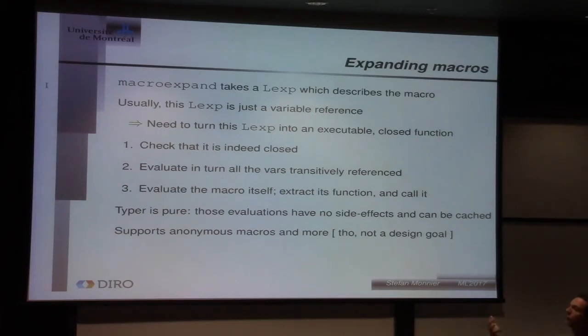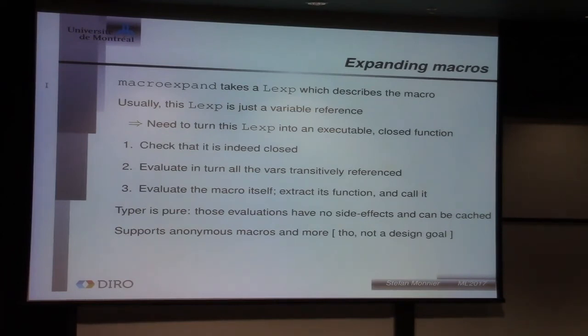And as you follow those variable references, you need to evaluate them so that in the end you come up with a closed value which does contain the actual function that you can call. And as you see, that means I have to evaluate bindings basically during macro expansion, during compilation. And I do it in a kind of arbitrary order and obviously incomplete. This probably sounds very messy to some of you, but I have a good reason for it.